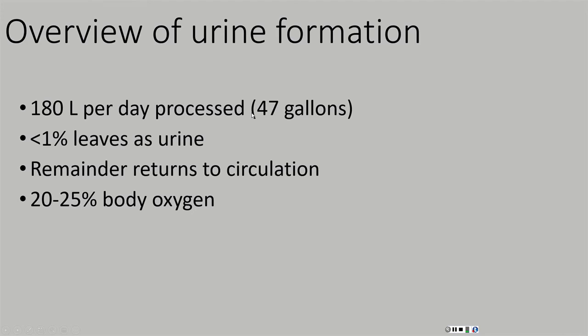And that's about 47 gallons. And that 47 gallons will move through those kidney tubules. Most of it, again, is reabsorbed. Less than 1% of that leaves as urine. So the other greater than 99% is ultimately reabsorbed as it passes through those tubules that make up the nephron. And it goes right back into circulation.